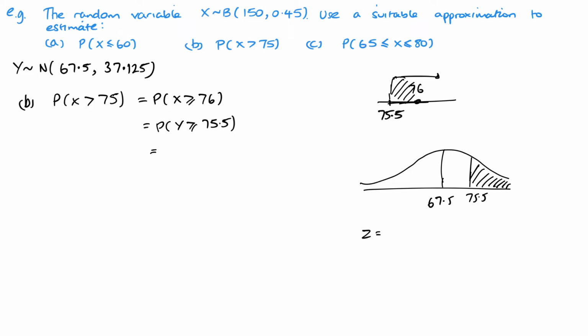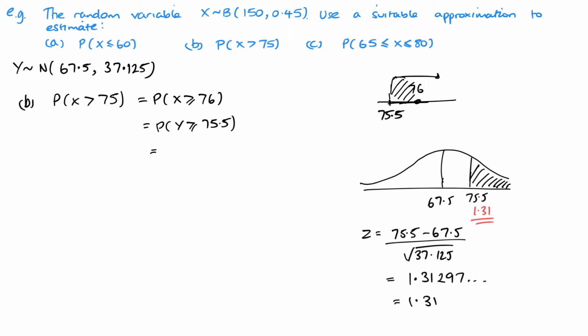It should be positive, so 75.5 minus 67.5 over the square root of 37.125. And that gives me 1.31297 and so on. So the value we'll be using is 1.31. I'll pop that on here in red, 1.31.